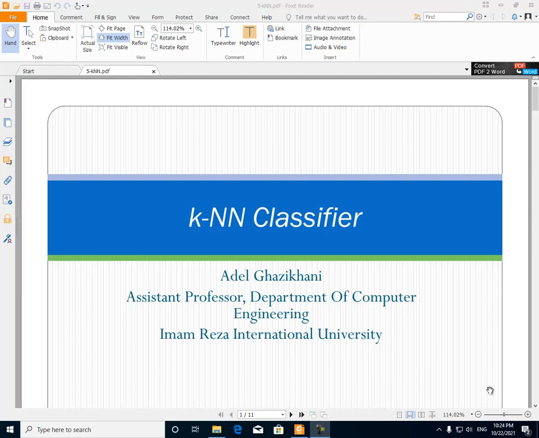We talked about perceptron and multi-layer perceptron. These are two important classifiers that we have. And continuing that subject, I want to talk about the KNN classifier. The KNN classifier is a very simple classifier that we have, and I will talk about it.